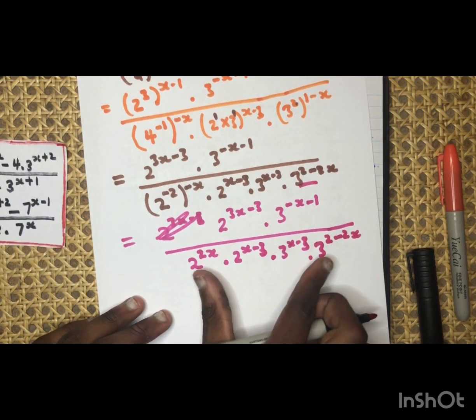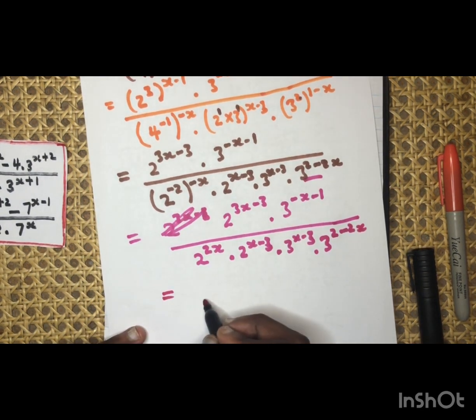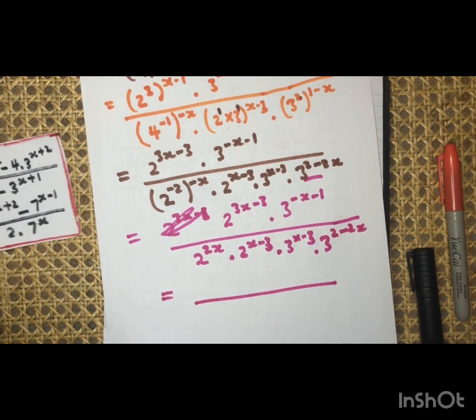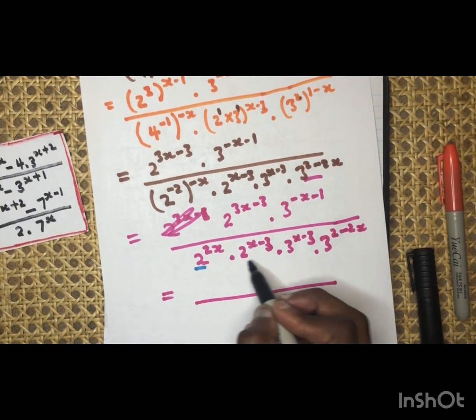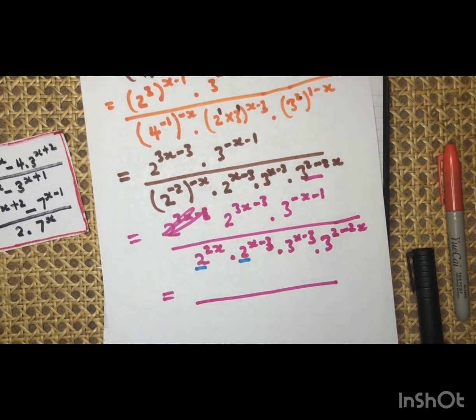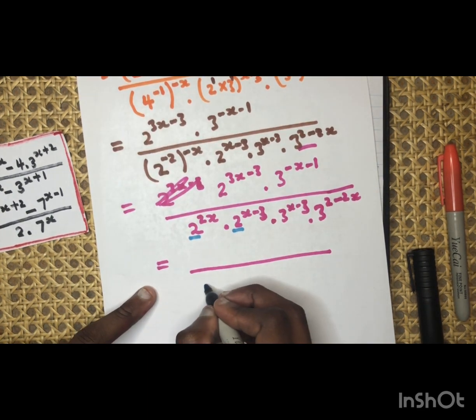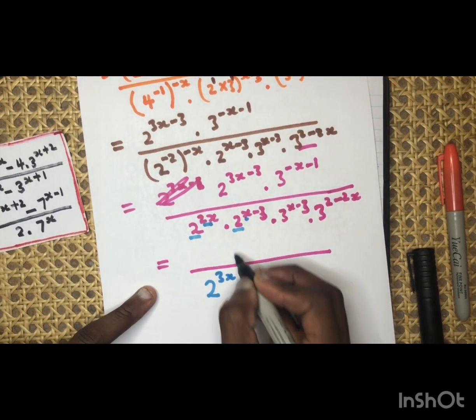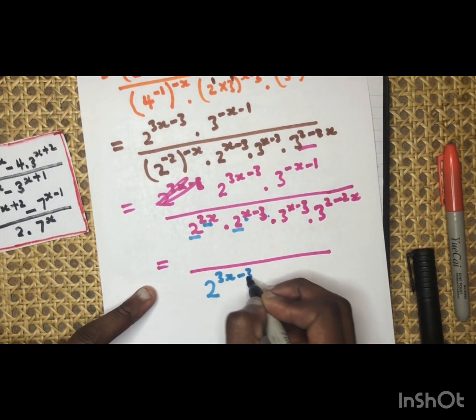So which law do we need to apply on the denominator? We need to apply law number 1. Because we can see here that the bases are the same, so I'm going to take one base and add the exponents. So 2x plus x, we get 3x, minus 3.